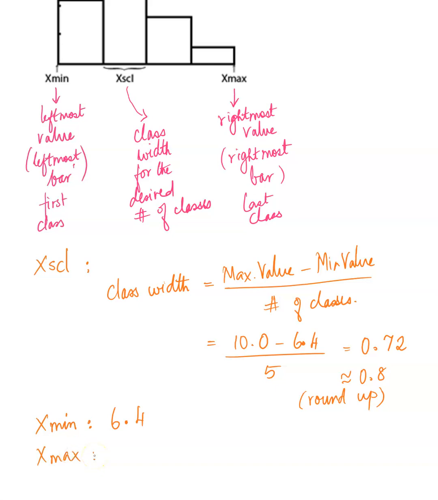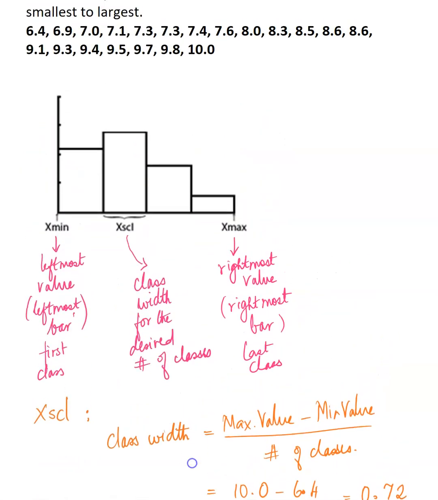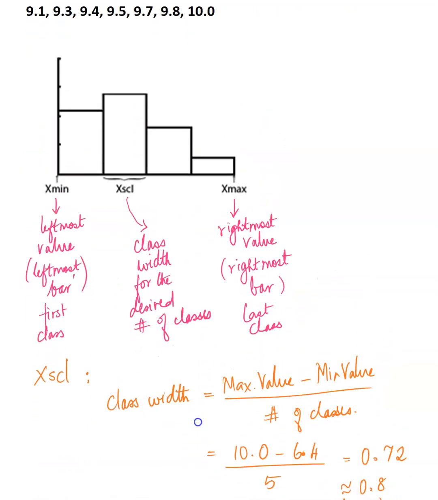Now for Xmax, you can use 10.0, right? But 10.0 is matching with one of the values. Now 6.4 is the lowest value, so you can actually set it even to 6. But here Xmin is 6.4.